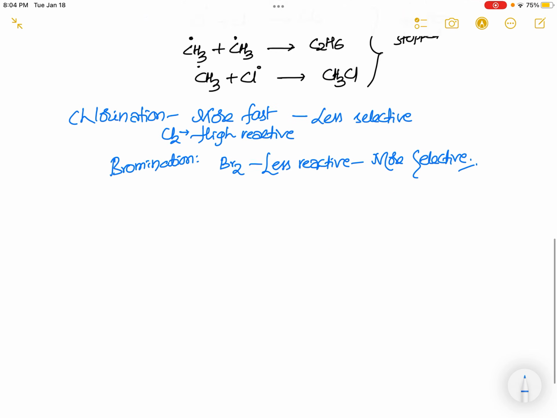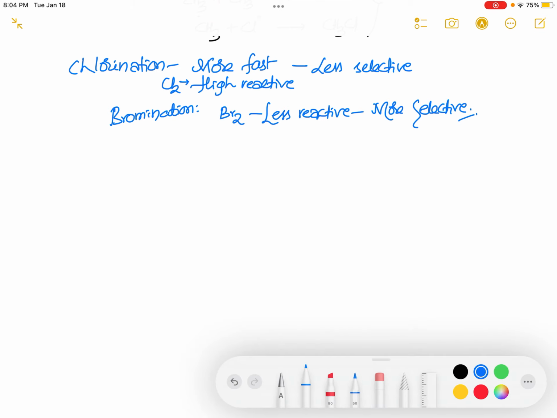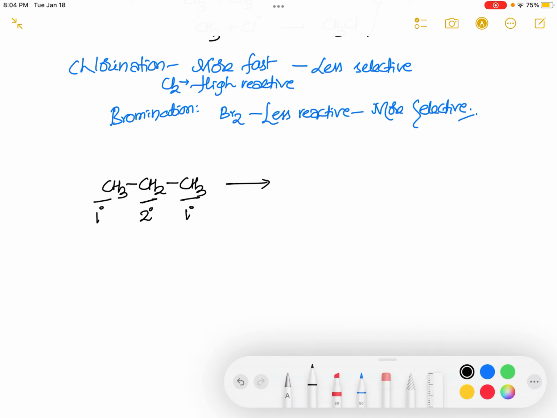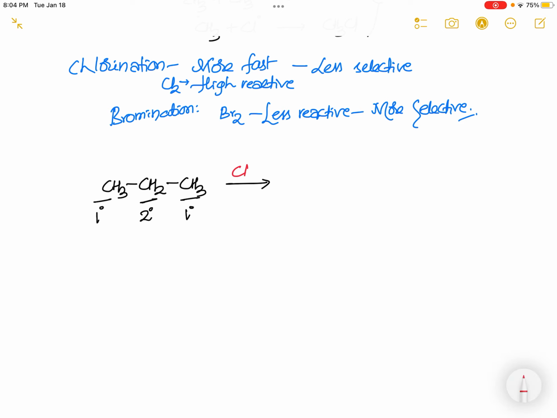What is the meaning of this? Look at this reaction. If I take propane, there are two types of carbon atoms. This is primary, and this is secondary. Now you are going for chlorination. Chlorine is very fast reacting.